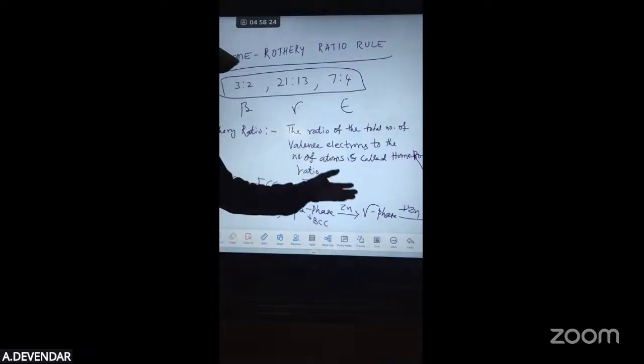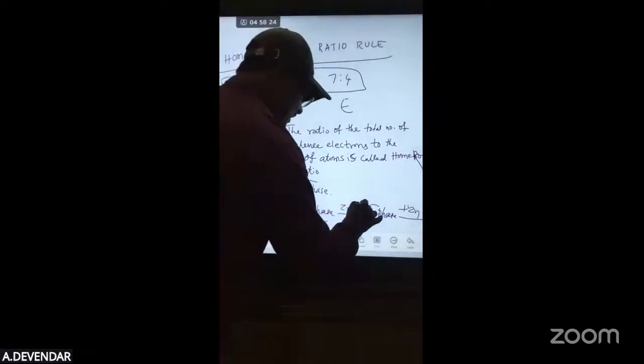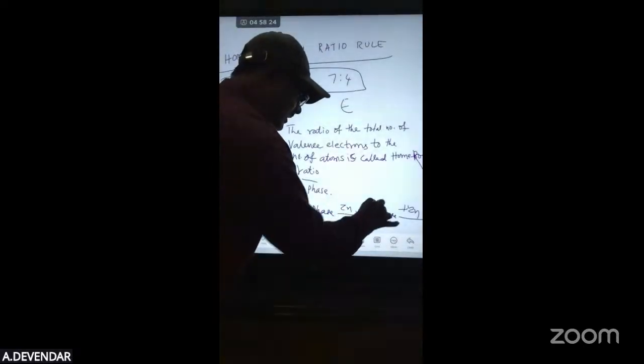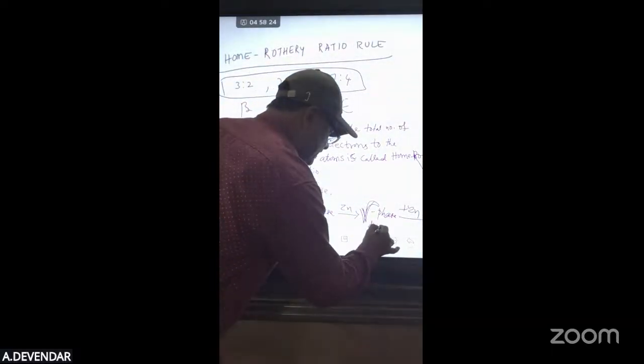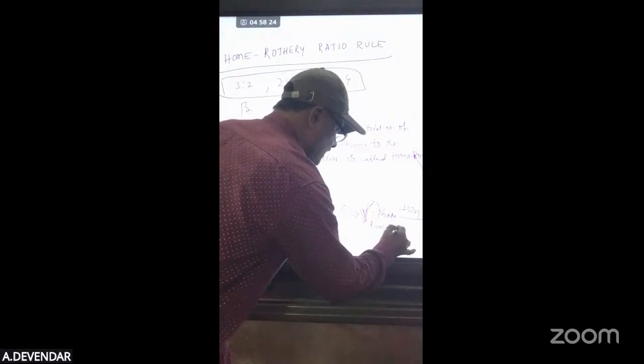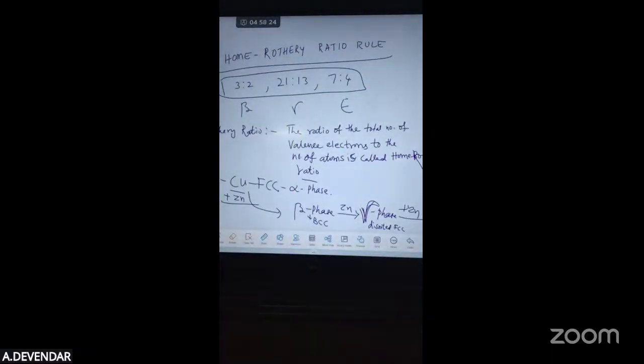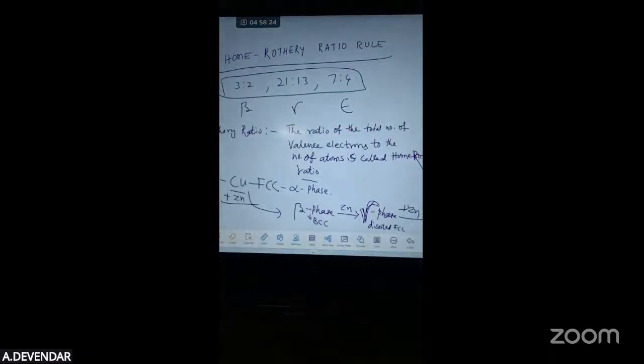When you add more zinc atoms, it is converted to the gamma phase, a distorted face-centered cubic lattice. When a large amount of zinc is added, it is hexagonal close packed, HCP, that is formed.